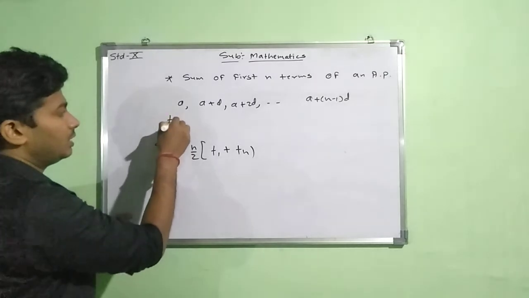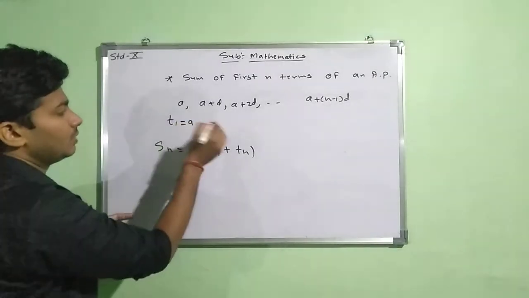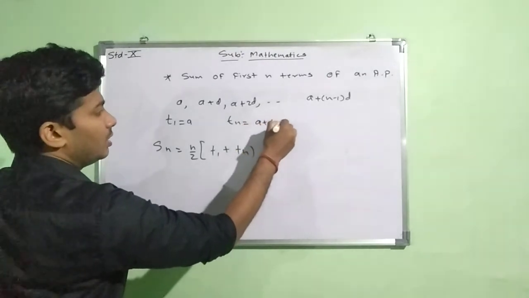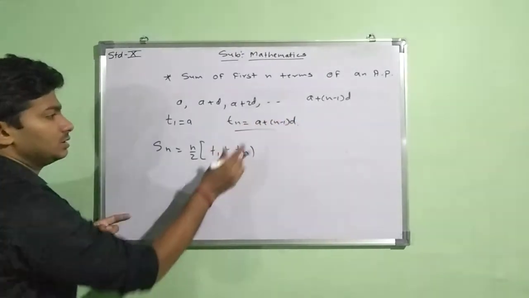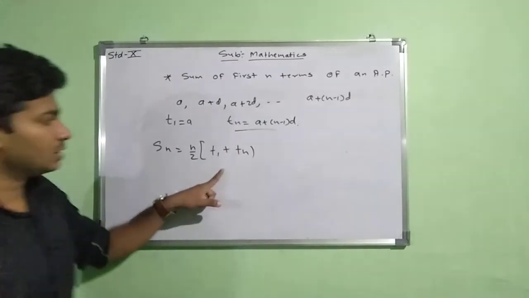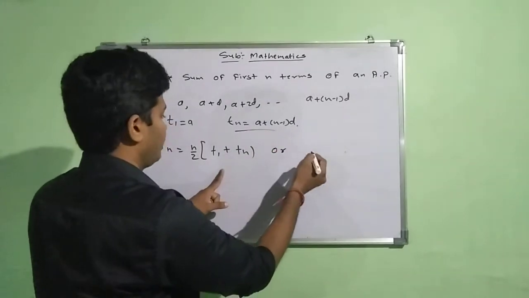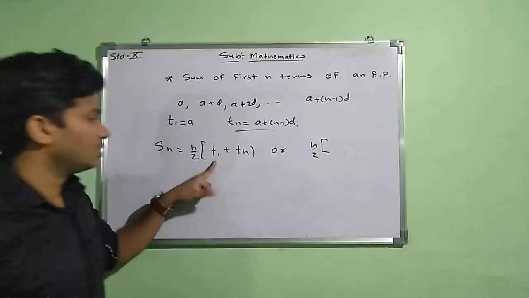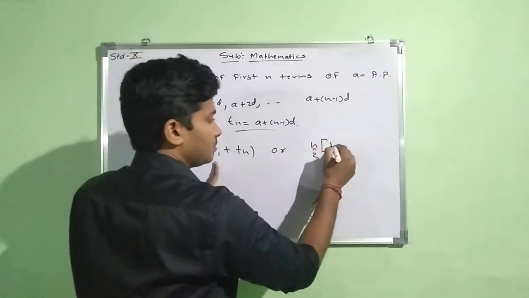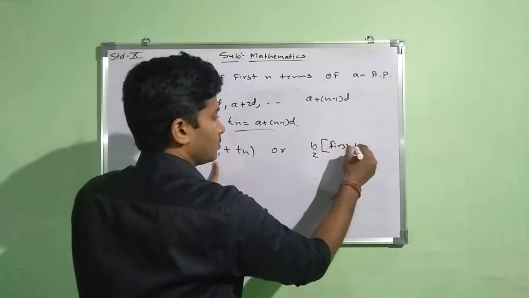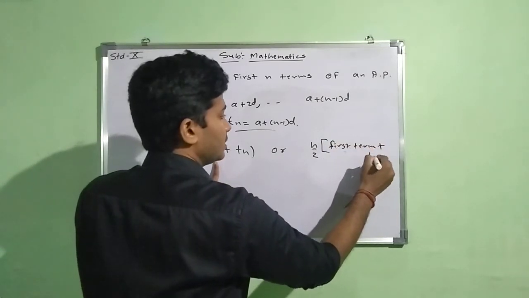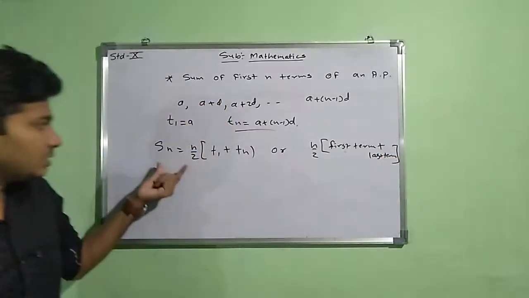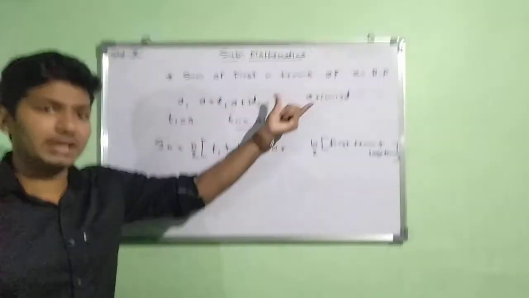Here t1 is our first term and tn is our last term, which is a plus n minus 1 into d. Or you can also write n by 2 inside the bracket first term plus last term. You can use that formula also if you know the last term of the arithmetic progression.